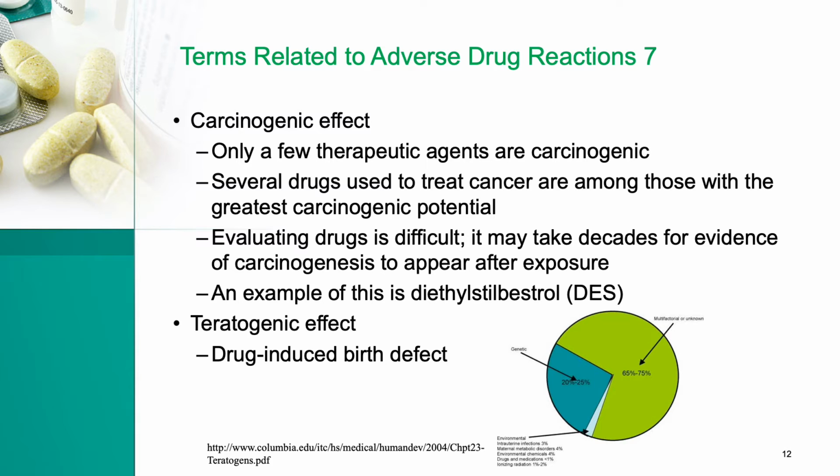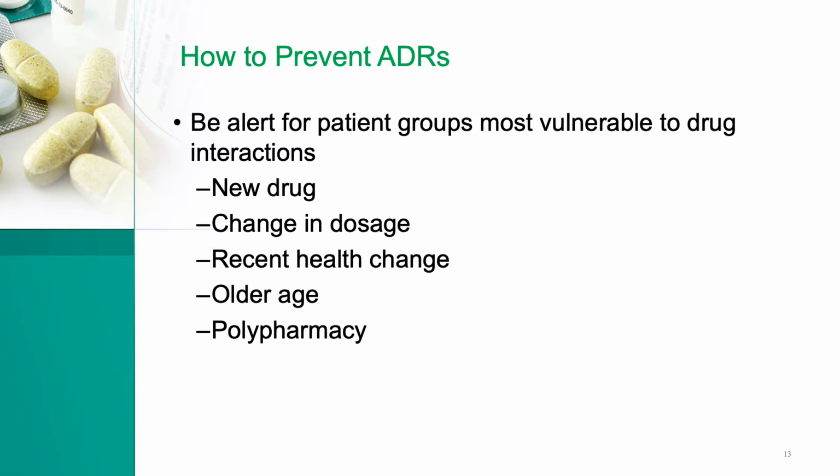The pie graph depicts the causes of congenital malformations. Drugs and medications cause less than 1% of the total number of congenital malformations. In general, be alert for patients with new medications, dosage change, or recent health change that could change a tolerated interaction to a clinically significant interaction.